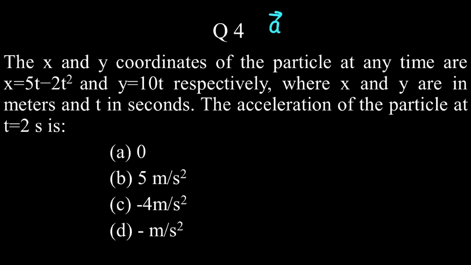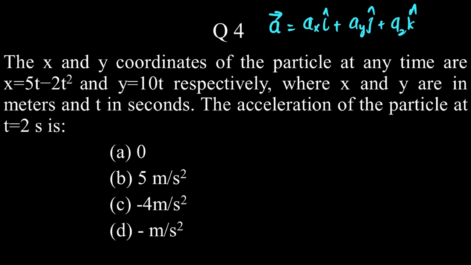See, vector A can be represented as AX i plus AY j plus AZ k, which means this vector A can be expressed as the sum of the components along the X, the Y, and the Z axis.